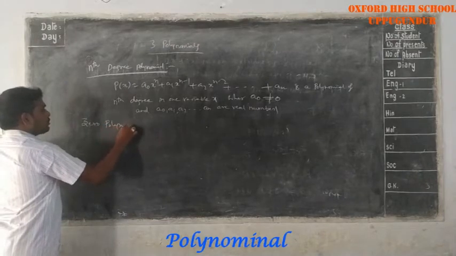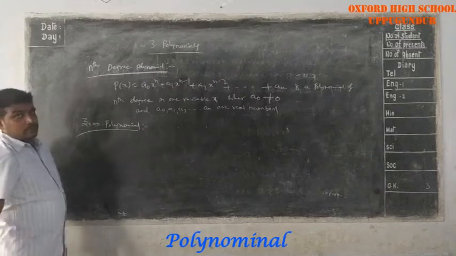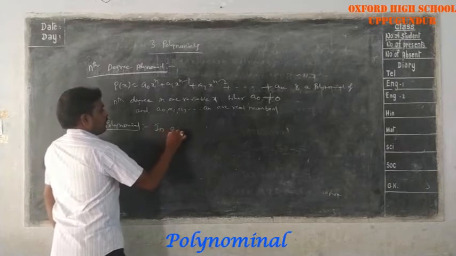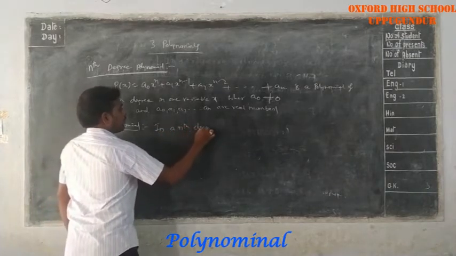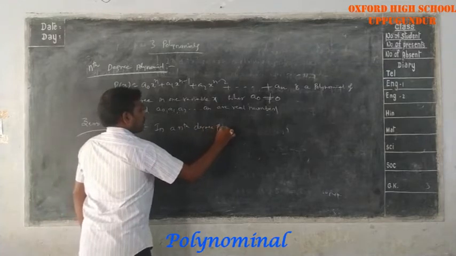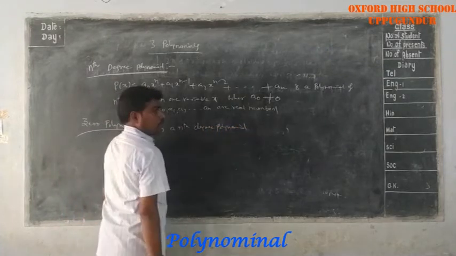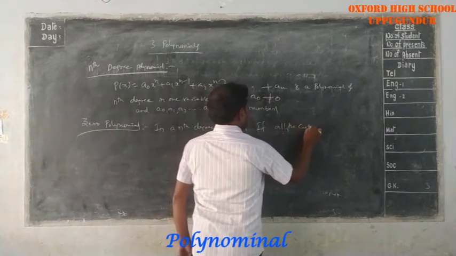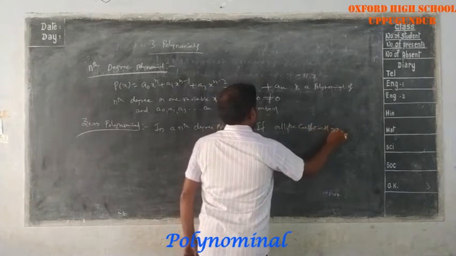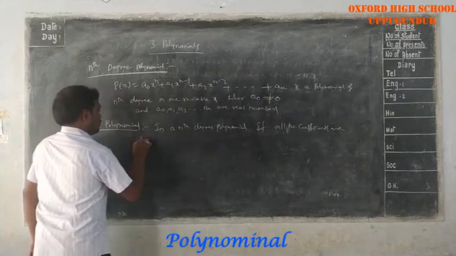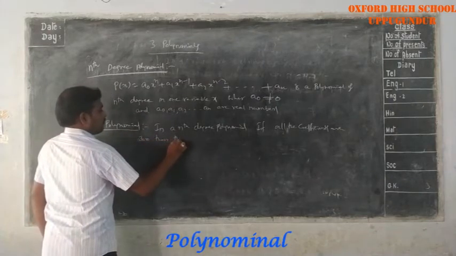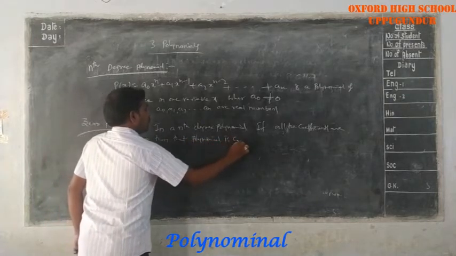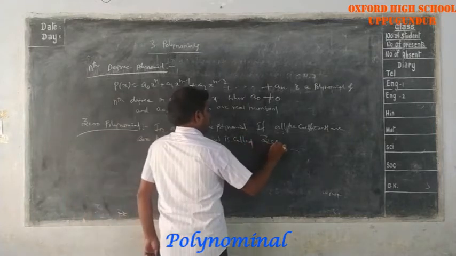In an nth degree polynomial, if all the coefficients are 0, then that polynomial is called the zero polynomial.